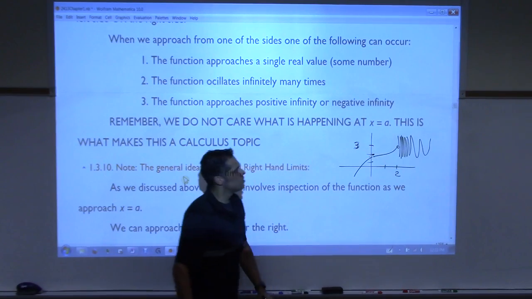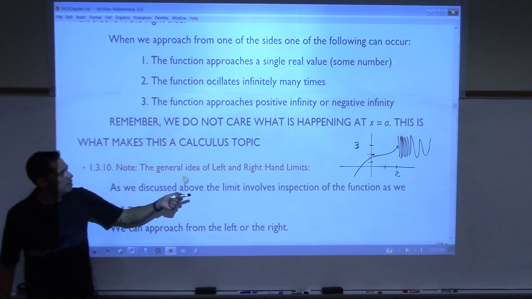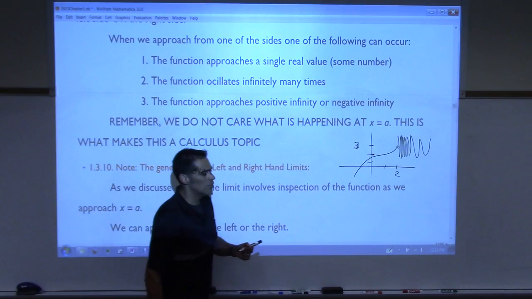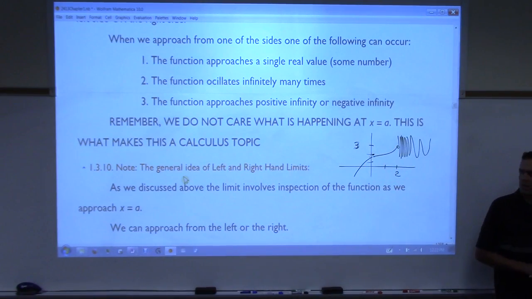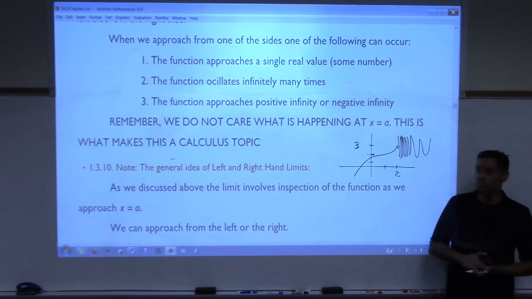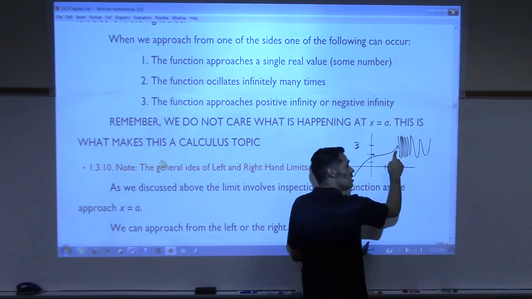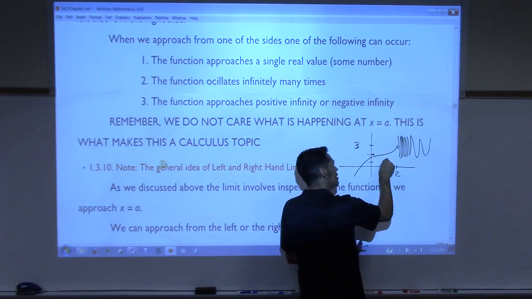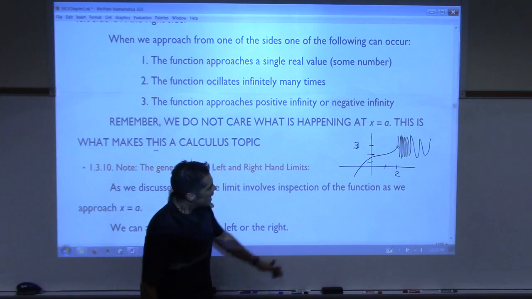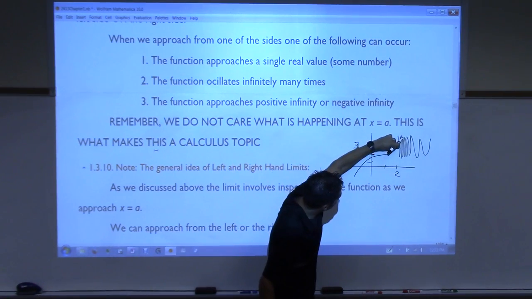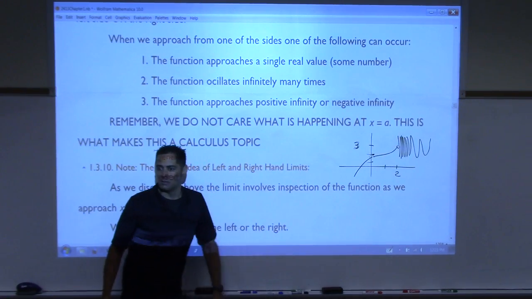So what would the limit from the left be there? 3. The right would be does not exist. But I guess if you see oscillations, that doesn't automatically throw out the possibility that you could have a limit on the other side. Okay, so I have here the left limit exists, the right one doesn't. What's happening at 2? Looks undefined.